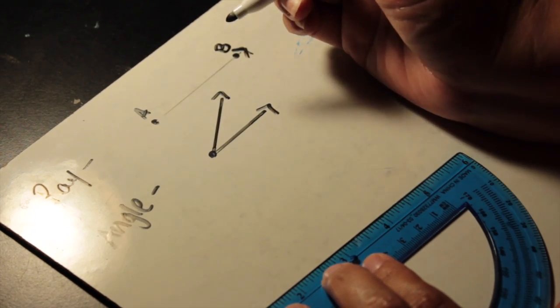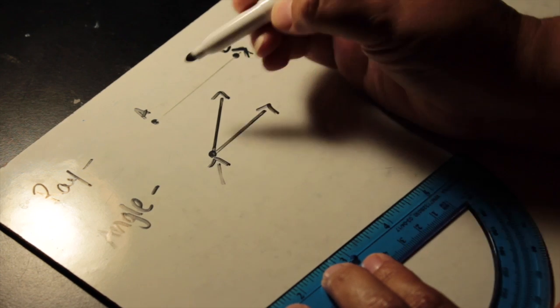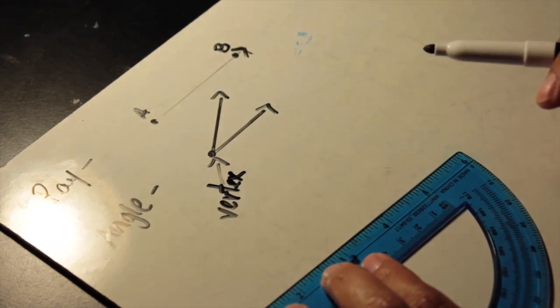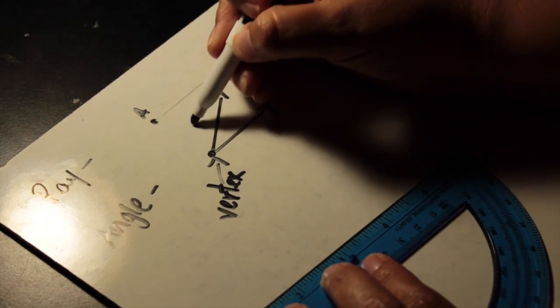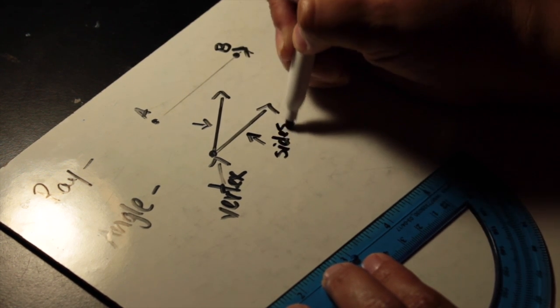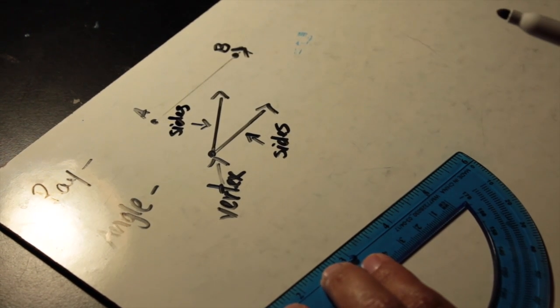The vertex is the common endpoint of the angle, so this right here would be the vertex. And the sides are the rays of the angle, so these right here are sides. As long as we have that, we can move on.